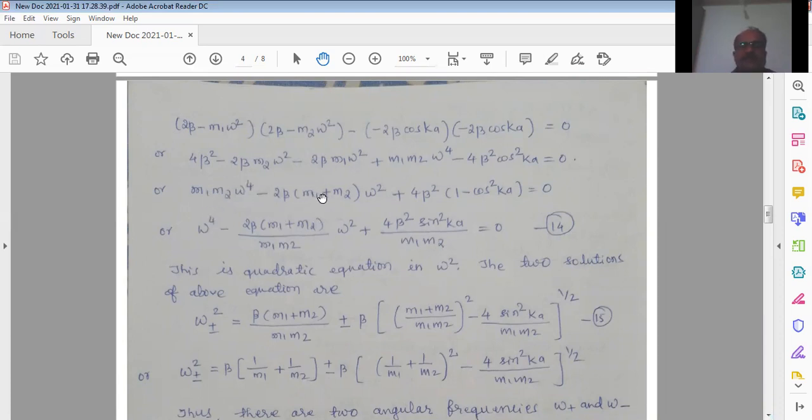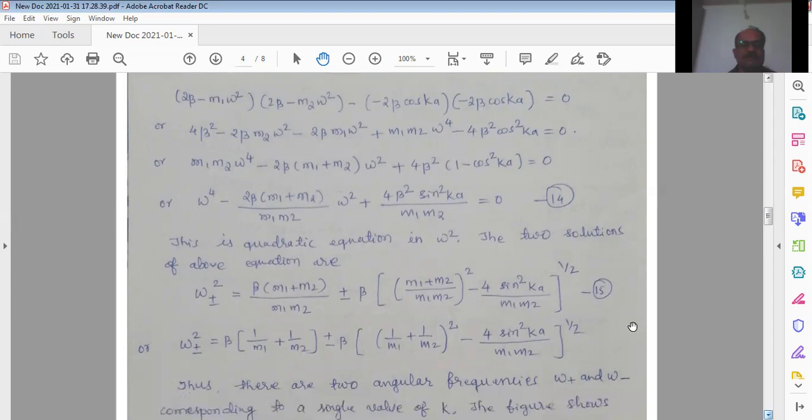So we are just dividing this equation by m1 m2. This is the result. This is a quadratic equation in omega square, because ax square plus bx plus c equal to 0 is called a quadratic equation. Similarly, this is in quadratic form.